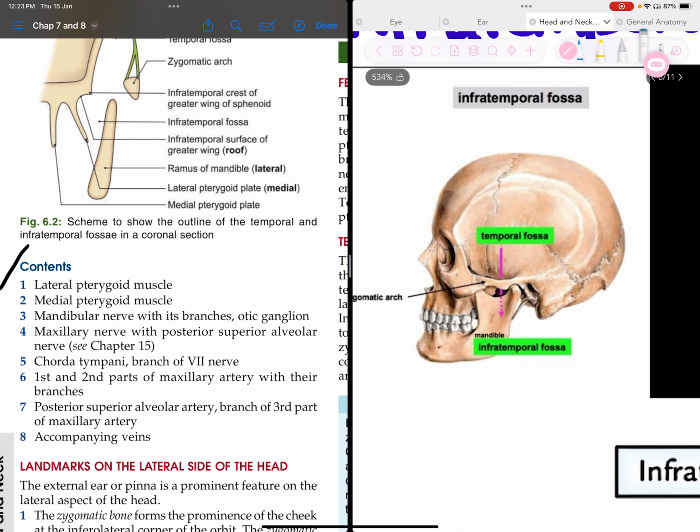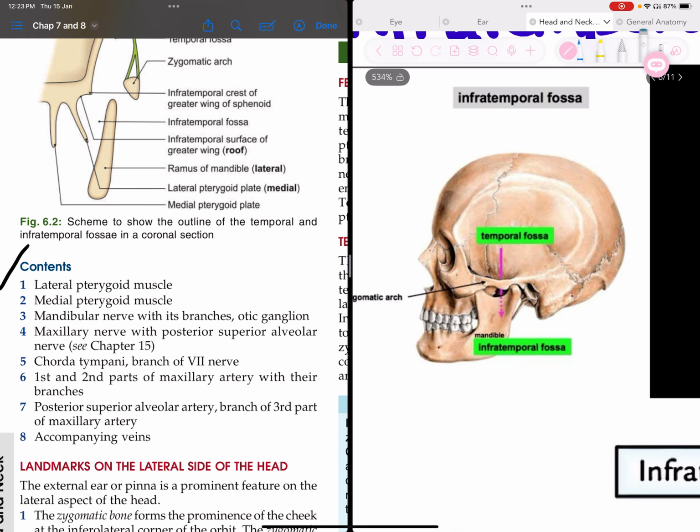Now, if you talk about the primary communications of infratemporal fossa, it communicates with the temporal fossa, and this is through the gap which is deep to zygomatic arch. So here is temporal fossa.